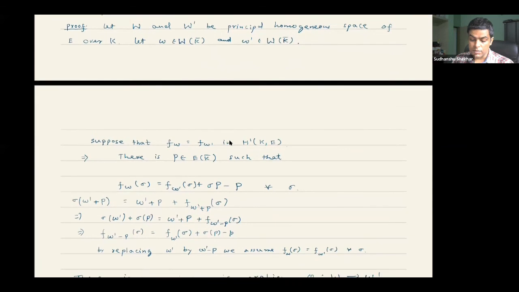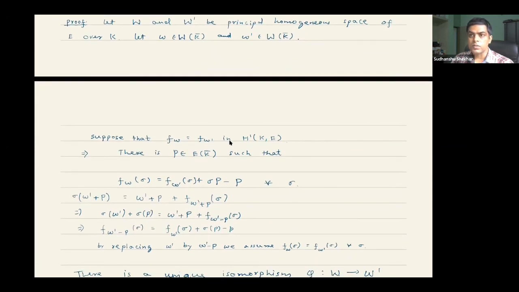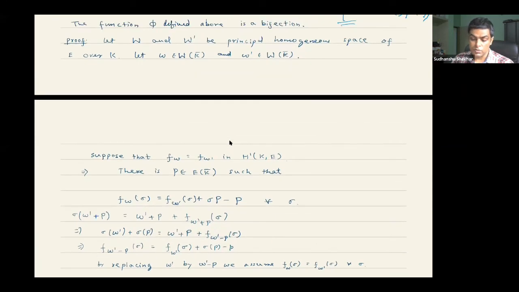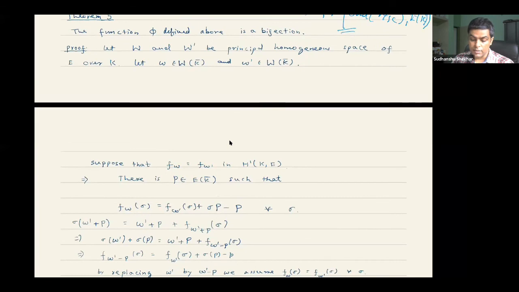So let me first quickly say why it's an injective map. Let W and W' be two principal homogeneous spaces of E over K. And as we have already seen, we can use any point in W(K̄) to define the corresponding cocycle.